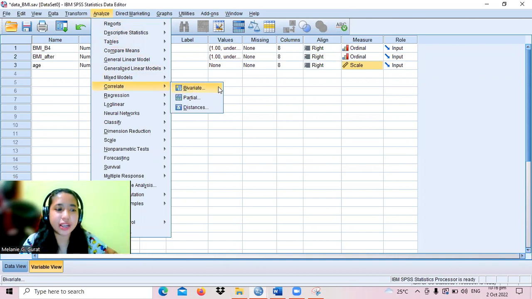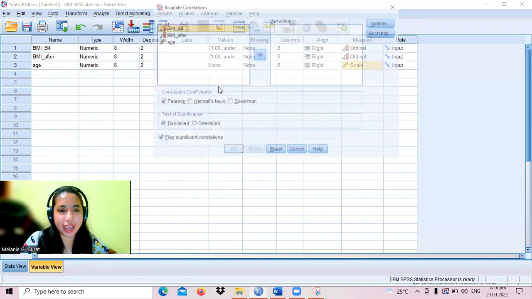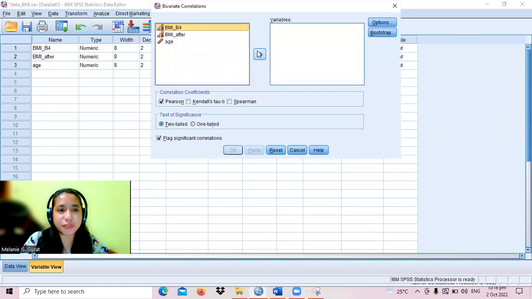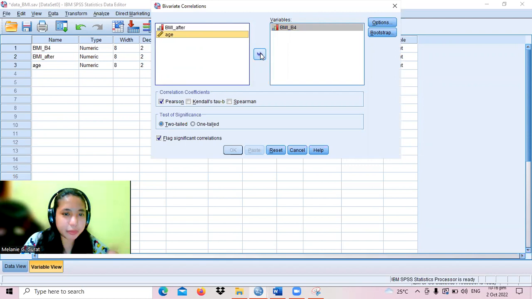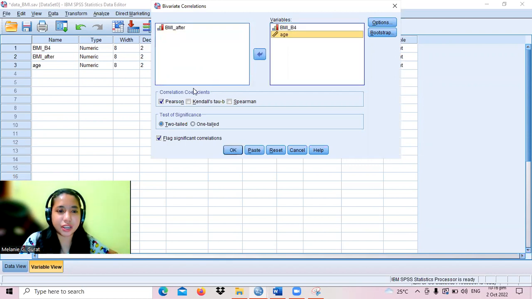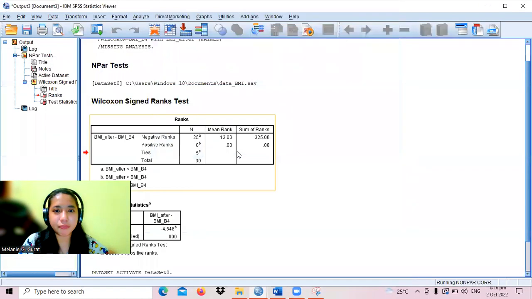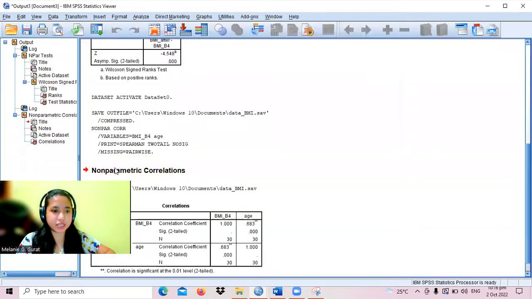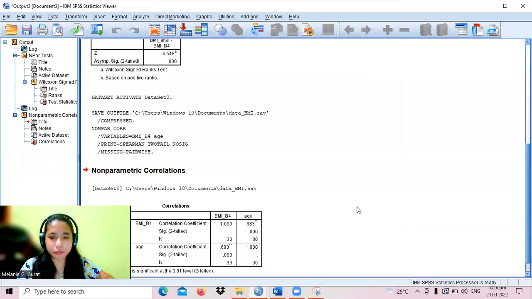Let's transfer the initial BMI and the age. The default here is Pearson, so let's change that into Spearman and remove the check mark in Pearson. And then click OK. So this is now the result.